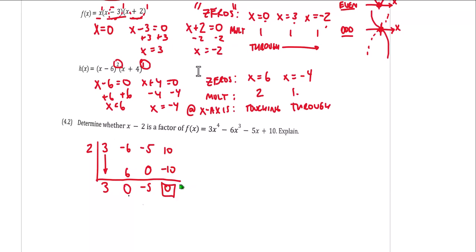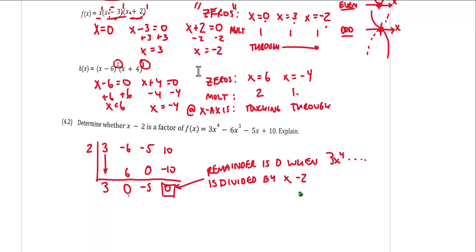So indeed, what this tells us is that the remainder is 0 when 3x to the 4th and so on is divided by x minus 2. That's what's going on in synthetic division.